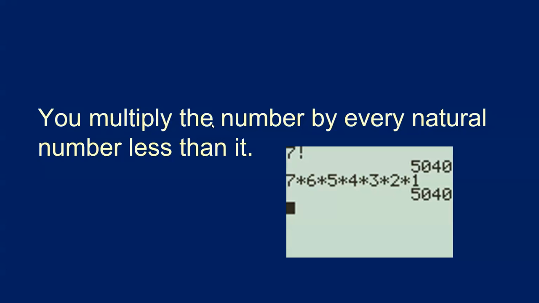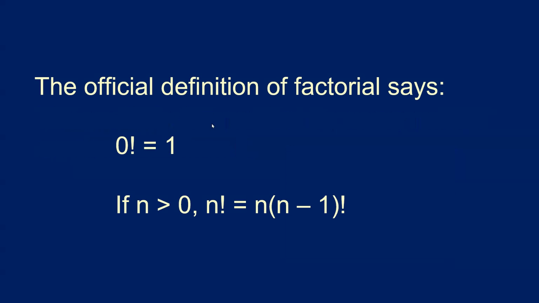So on the screen there, you can see 7 factorial is 7 times 6 times 5 times 4 times 3 times 2 times 1. Now, the official definition of factorial looks a little bit different than that. What it says is that 0 factorial is 1. It's just defined to be 1.